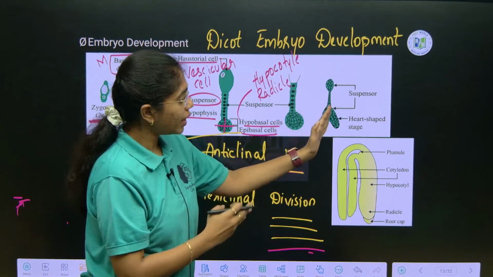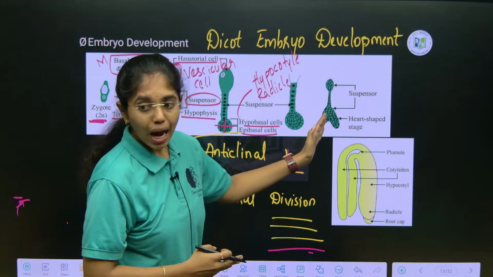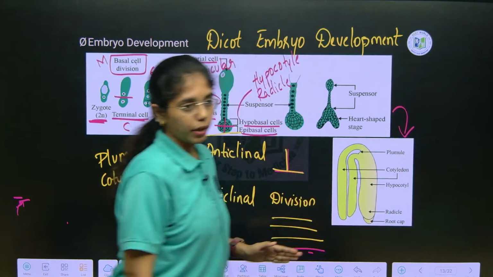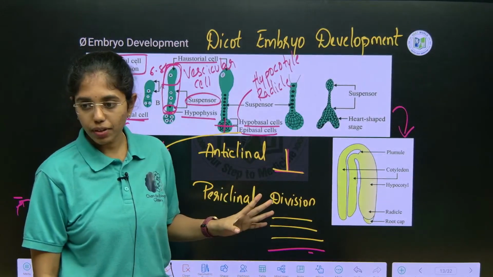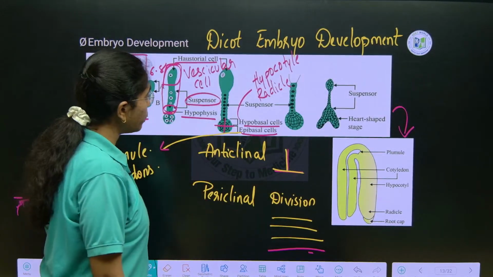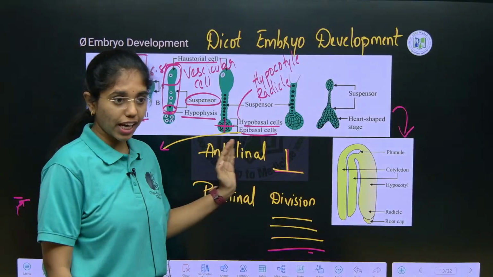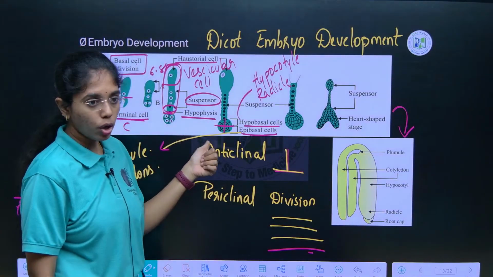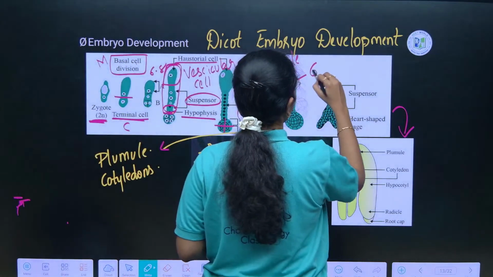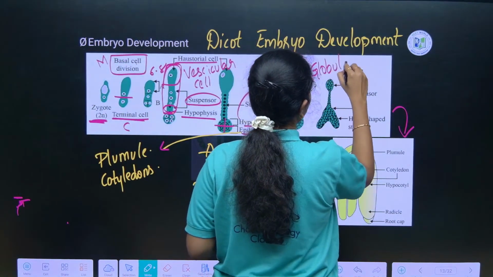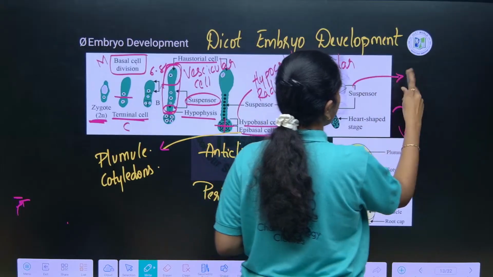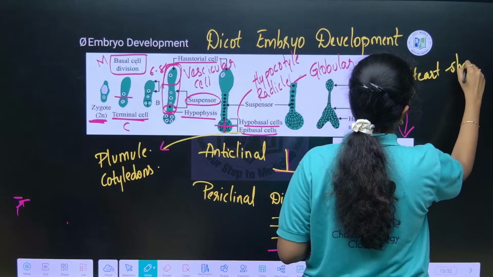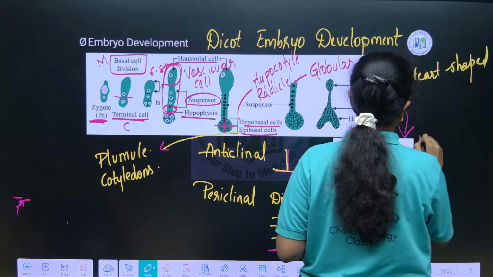The globular embryo will develop into a heart-shaped embryo. The heart-shaped embryo will develop into a mature embryo. If you see in your EAMCET previous year questions, one question will be there on the stages of dicot embryogeny. First is what? Proembryo, followed by globular embryo, followed by heart-shaped embryo, followed by mature embryo.